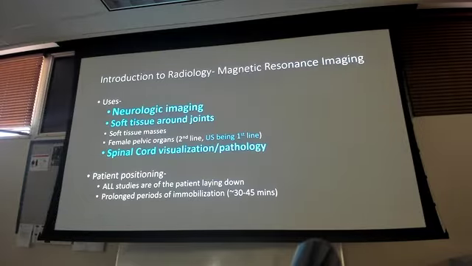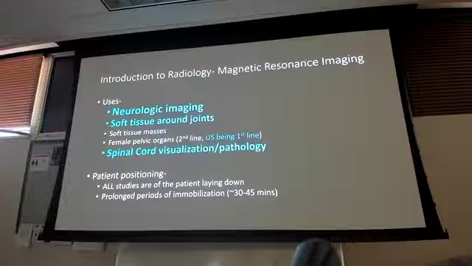So what do we use it for? Neurological imaging, soft tissue around the joints, maybe some masses, spinal cord pathology. Pay attention to that line. Female pelvic organs: yes, we can use MRI for that, but it is technically second line. Ultrasound is first line.